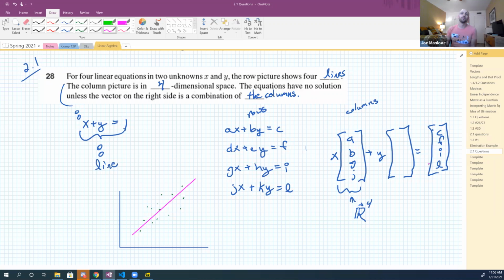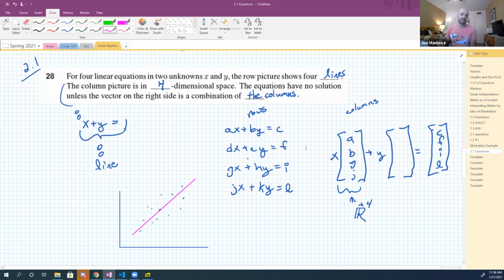So if we're thinking about two-dimensional equations, right, we're thinking about rows. Yeah. And if we're thinking about four-dimensional space, we're thinking about the columns. Right? And so switching pictures there is weird. And that's totally okay for that to be weird.